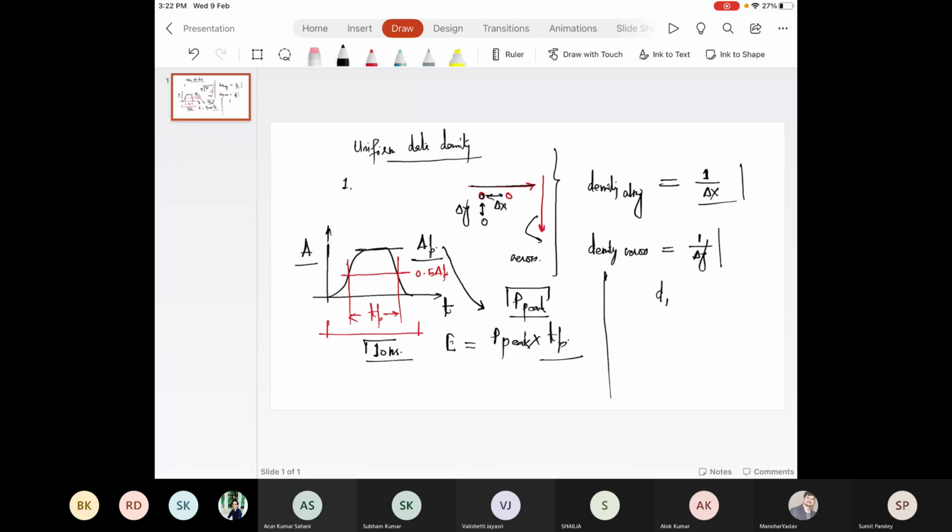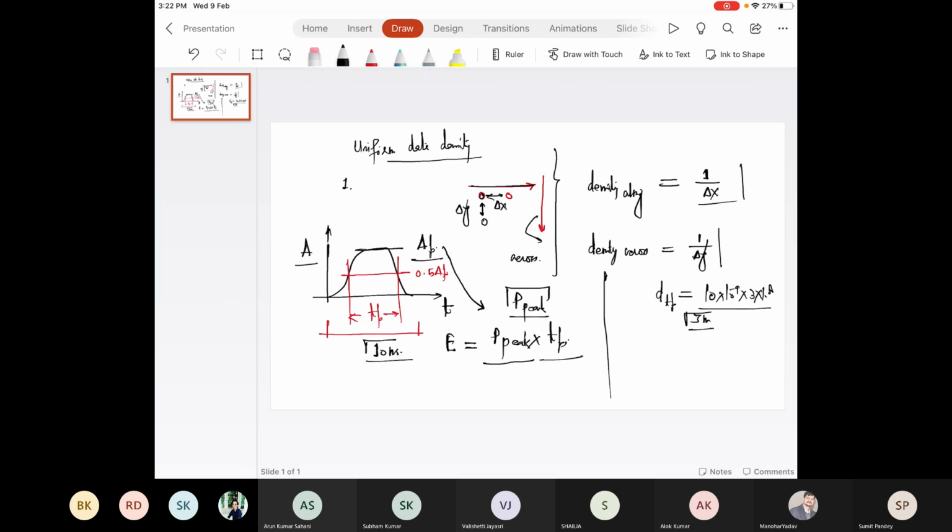So the distance traveled by this pulse with width TP is equal to 10 into 10 to the power minus 9 into 3 into 10 to the power 8, so it is 3 meters. Energy within the pulse is calculated by the peak power into TP.